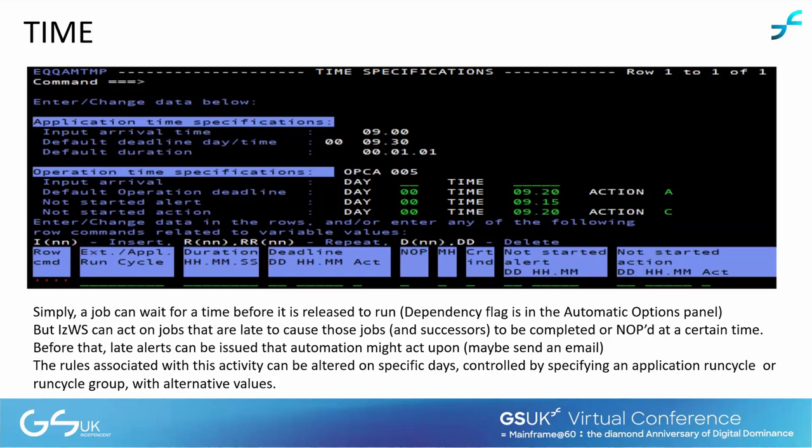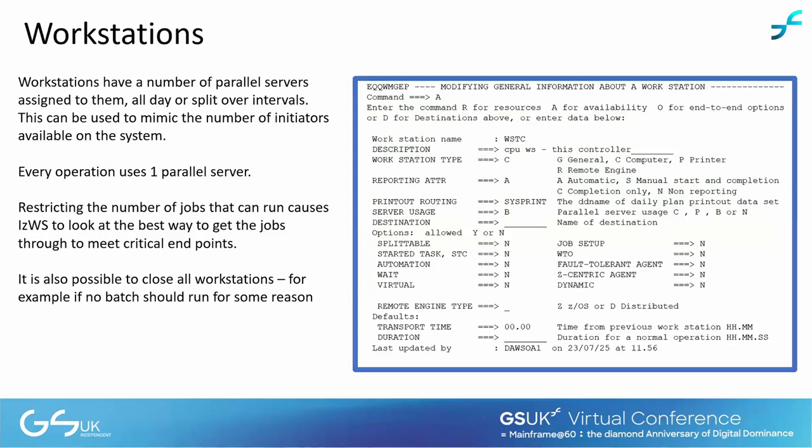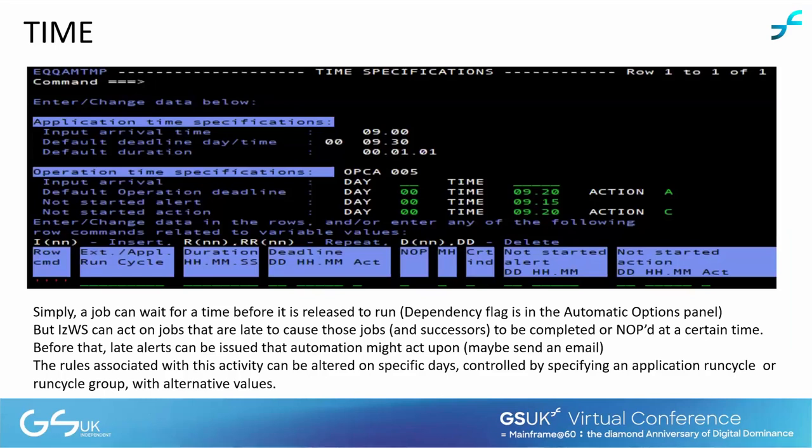So using the row command down here, you can say that if the application run cycle or a run cycle group is active today, so you build some run cycle groups that are for specific purposes, you can change the estimated duration of the job.